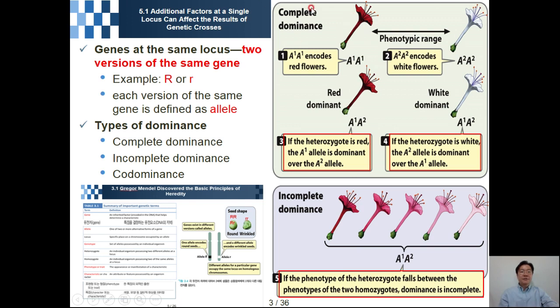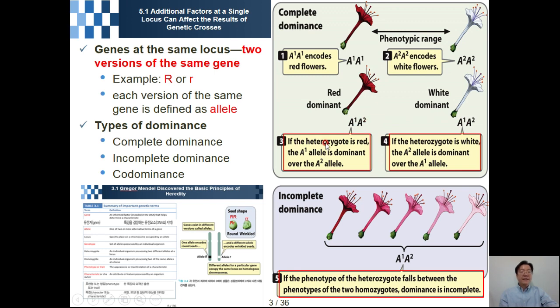So what is complete dominance? For example, in this flower, the A1 homozygous is red, and the A2 homozygous is white. After crossing, they make the A1A2 heterozygote.